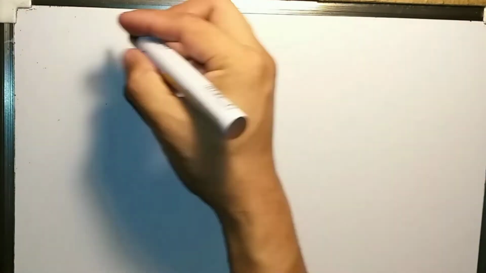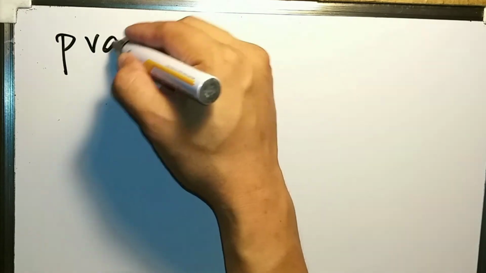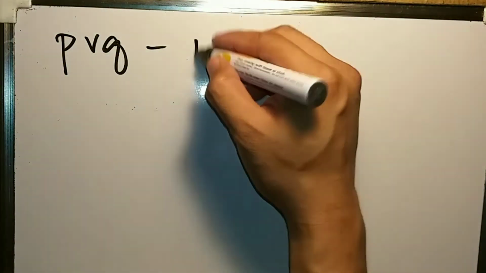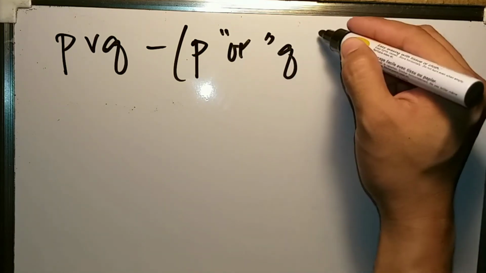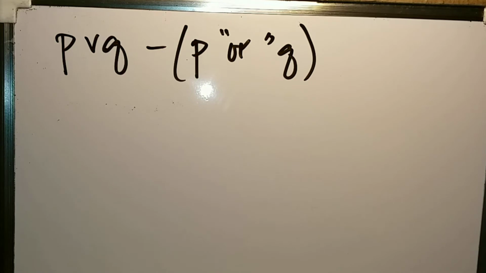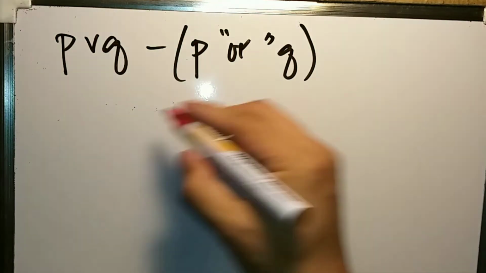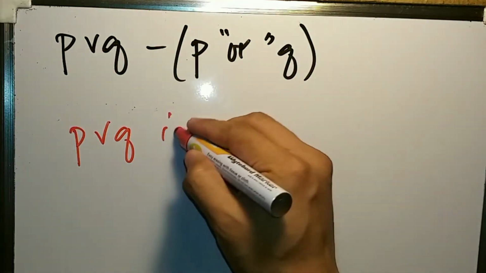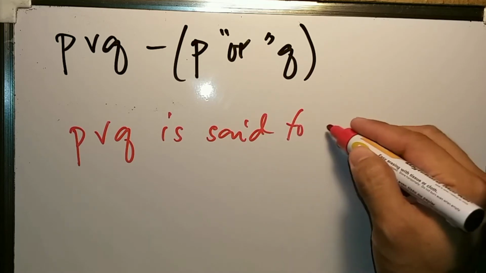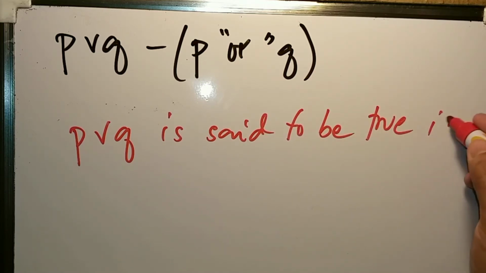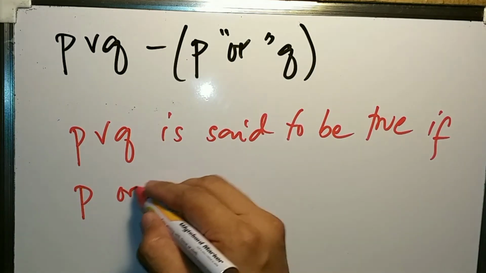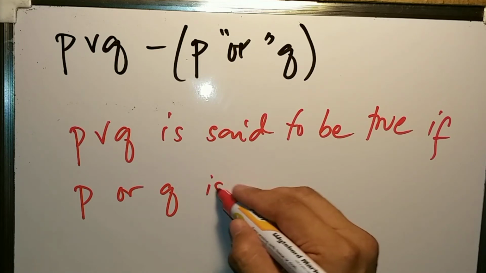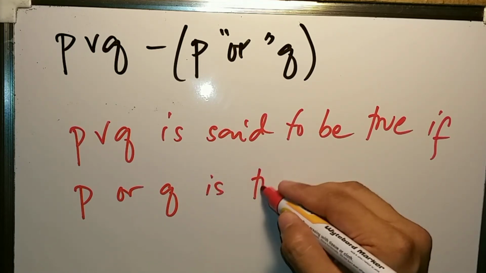So next comes the proposition P or Q. We define the proposition P or Q as follows. P or Q is said to be true if P or Q is true.